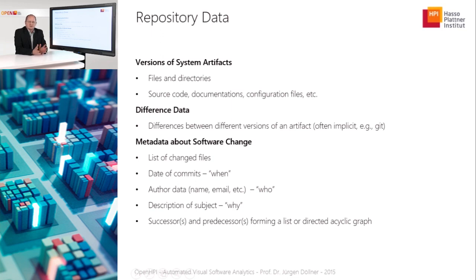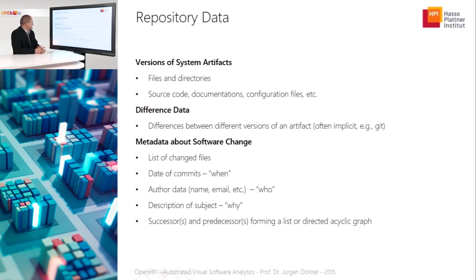The third category of data stored in version control systems and in repositories refers to metadata. Metadata about applied software changes. So it's a list of changed files. For example, one commit, one big change, consists of modifications of several files. The date of commits, when.